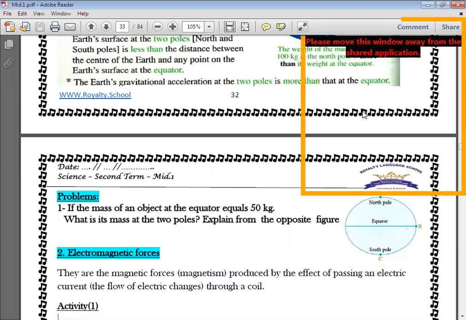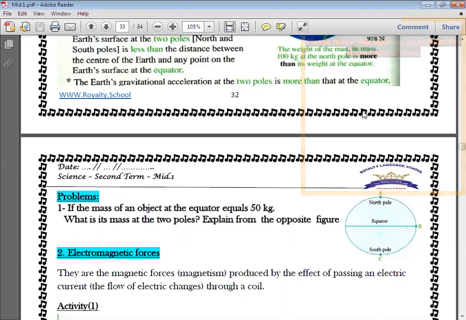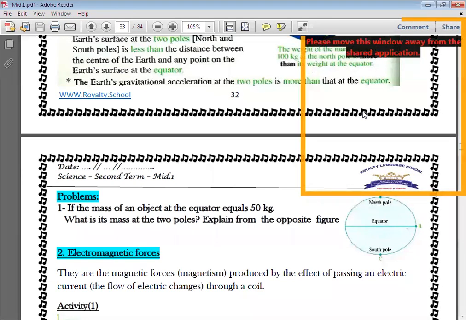So the mass will equal 20 kilograms. To calculate the weight of the object at the north, mass times the gravity at the north. To calculate the weight of the object at the equator, mass times the gravity at the equator. Okay? And the gravity at points A and C will be more than at B, because north and south have more gravity than the equator, as we said before.